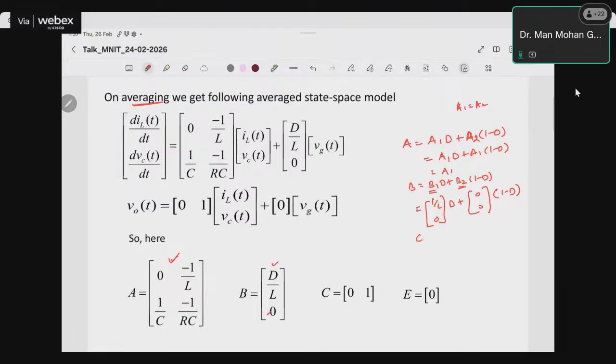What is C? C1 D plus C2 (1 minus D). C1 and C2 are same, so it will be C1 only, which is 0 and 1. E equal to E1 D plus E2 (1 minus D). E1 is 0. E2 is also 0. So the E matrix will be 0 only.